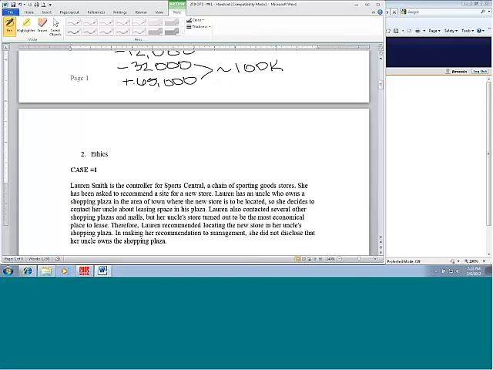So we've got the role of accounting in business, and again, accounting is the language of business. You can't run a business without numbers.